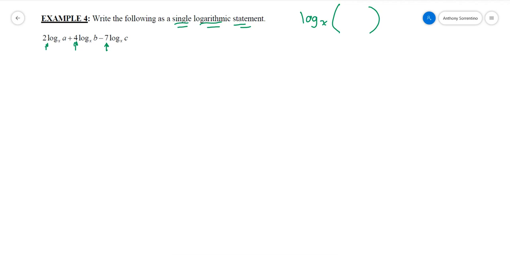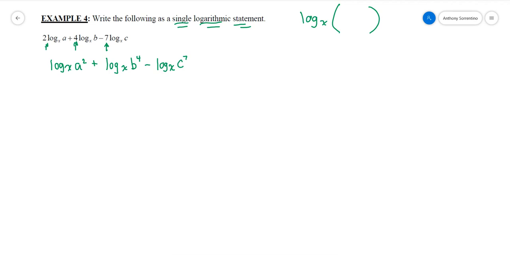And vice versa, if I have a constant multiplied to the logarithm, it becomes an exponent on the thing the logarithm is affecting. So this becomes the log base x of a squared plus the log base x of b to the 4th minus the log base x of c to the 7th.